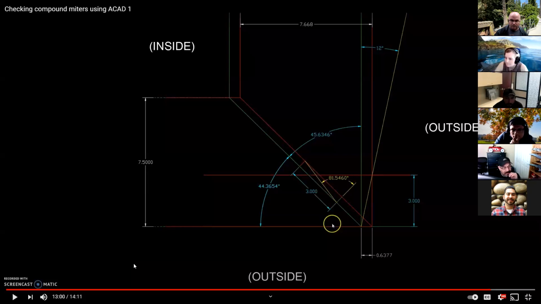And the distance, as is shown here, between this line and this line is the 3 inches that we've been using from the beginning right here.